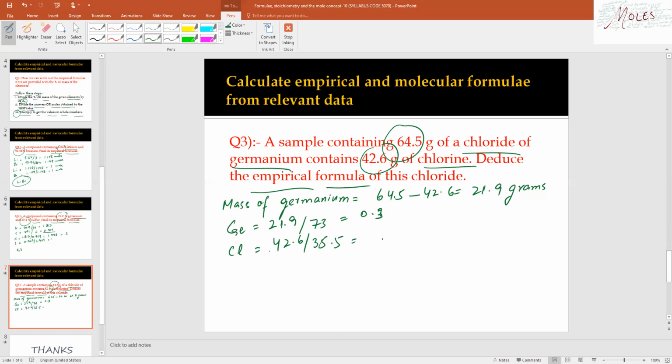We will get 1.2. So divide both of these values by 0.3. For germanium, we'll get 1. For chlorine, we will get 4. So the empirical formula will be GeCl4.